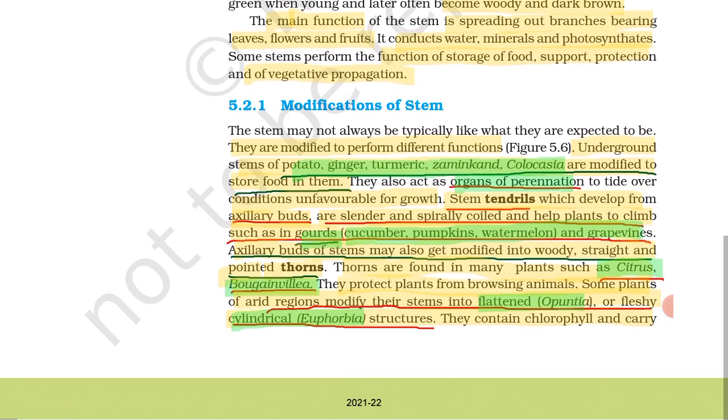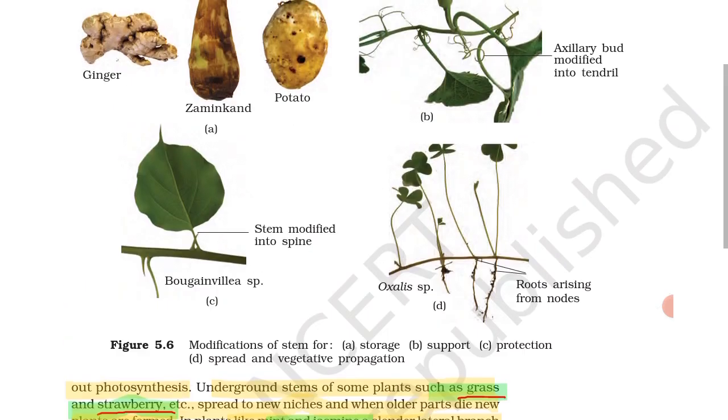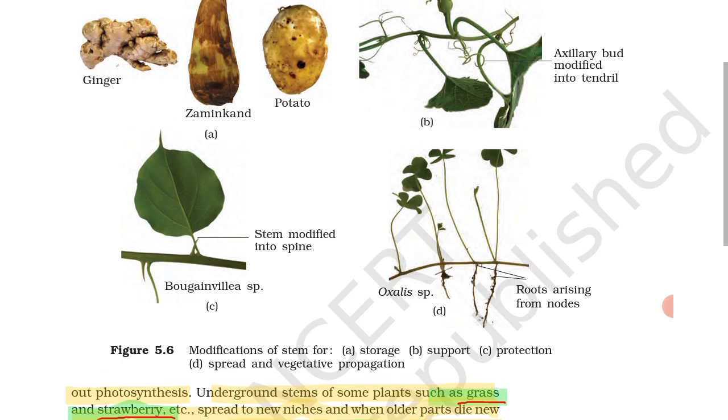So the stem may not always be typical like what it is expected to be. They are modified to perform different functions. So see figure 4.6. In that, modification of stem for storage, support, protection, spread and vegetative propagation.